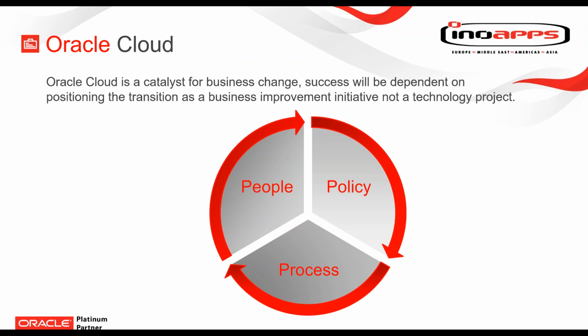The catalyst for this sort of change is the move to cloud, and in line with what I mentioned earlier, this should not be seen as a technology project. This should be seen as a business improvement initiative. So you need to become aligned to what your policies are, what the standard processes are, and bringing the people inside that change. We'll be running a very specific session on transformation and change management over the coming weeks.